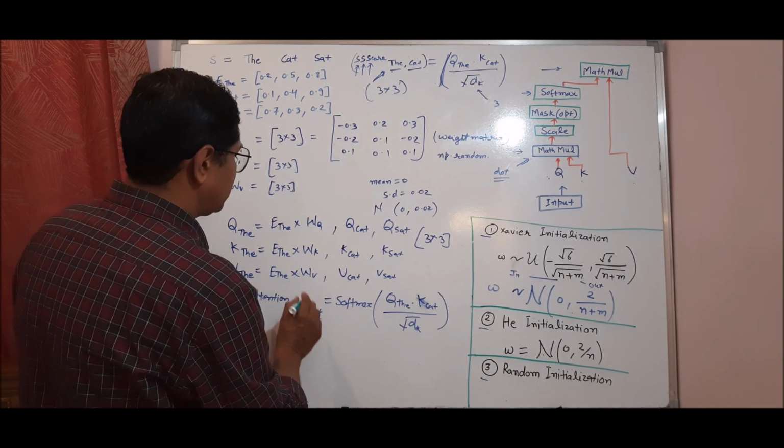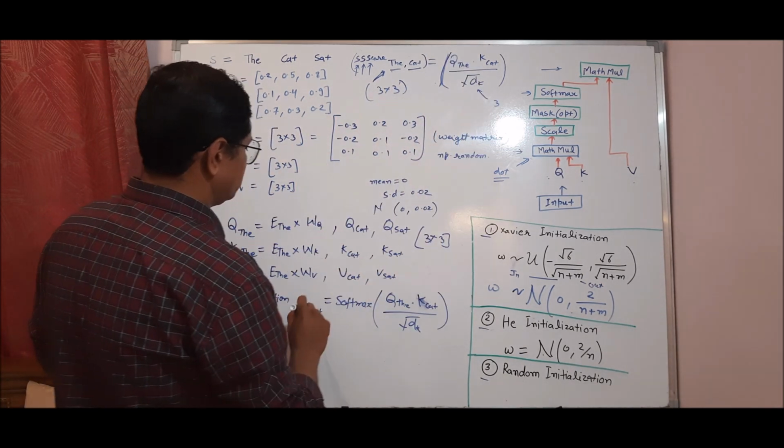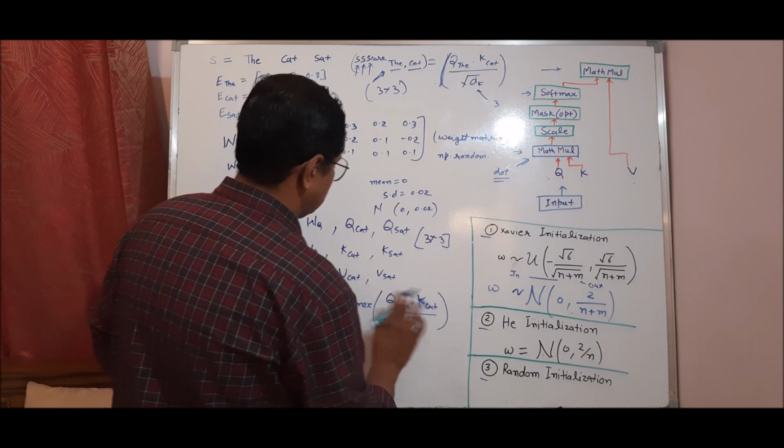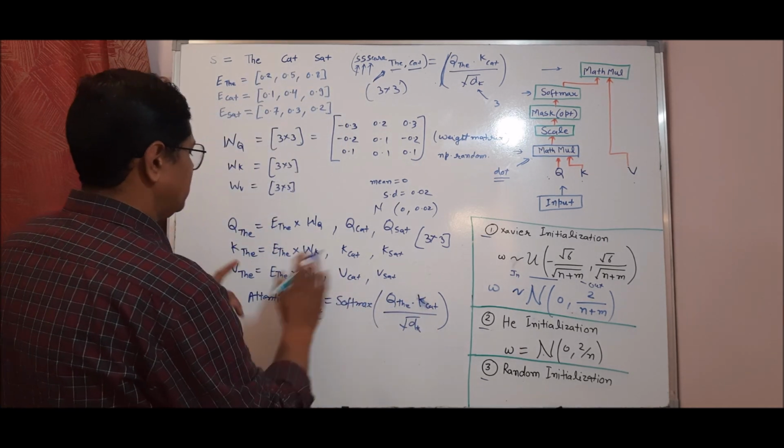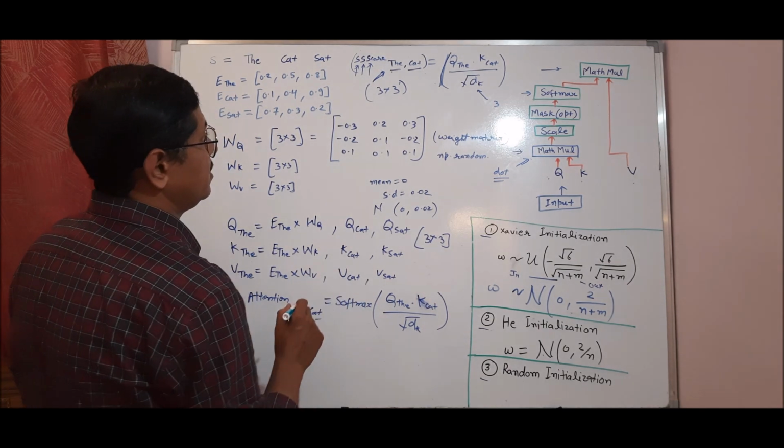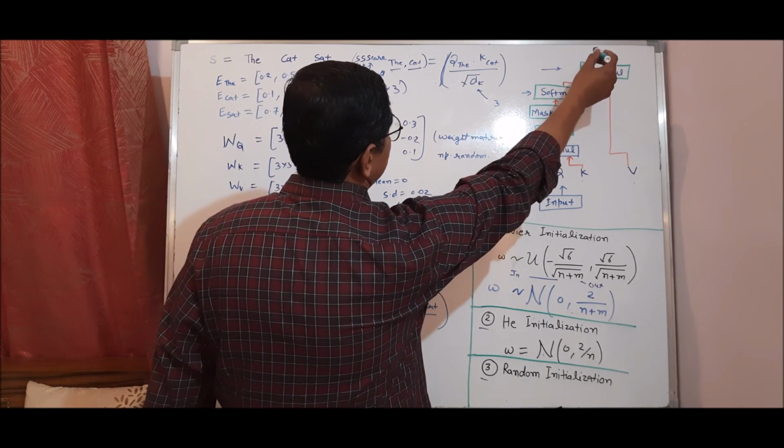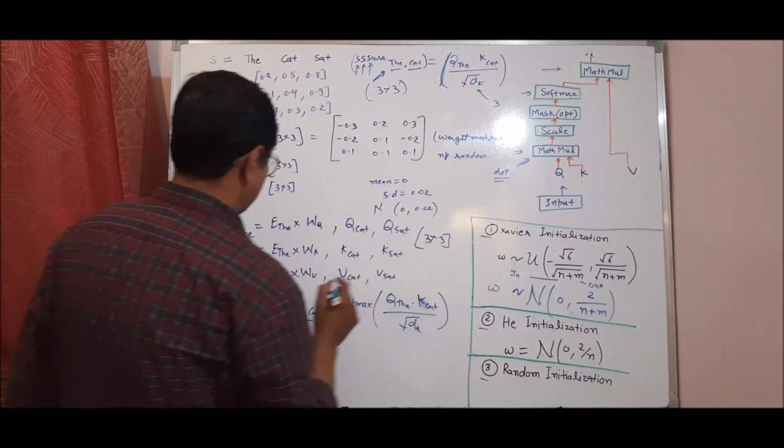Now we will get the attention score for each of those words, meaning each pair of words. After that, the next part is to get the context vector.